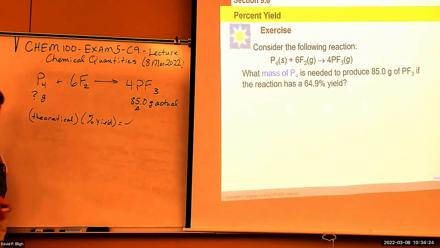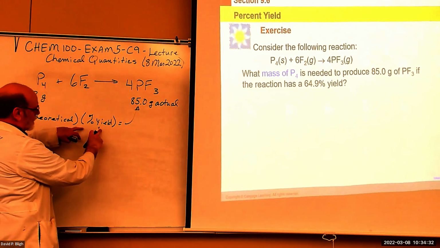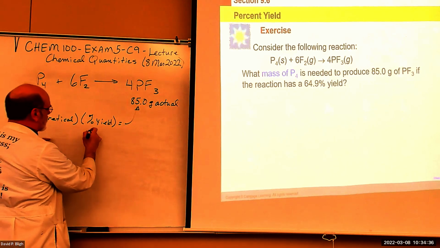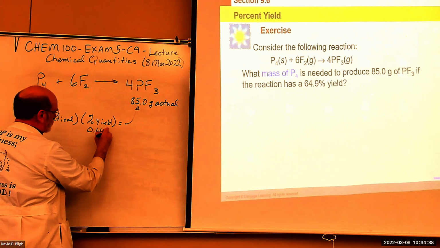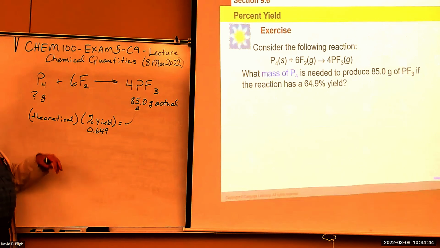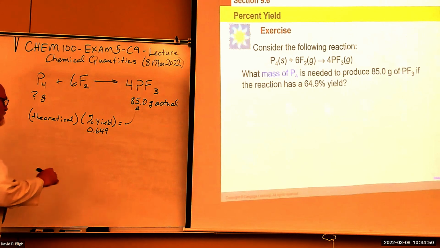It's actually the fractional equivalent of percent. So what we need is this value would be 0.649. Did I lose anybody there? We need the fractional equivalent, or we could do it this way.